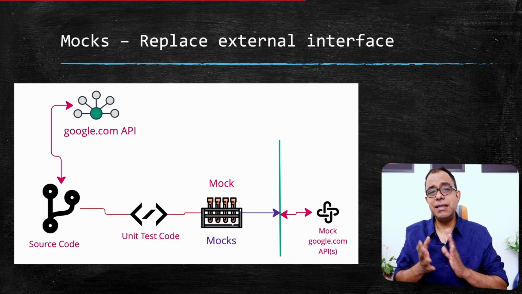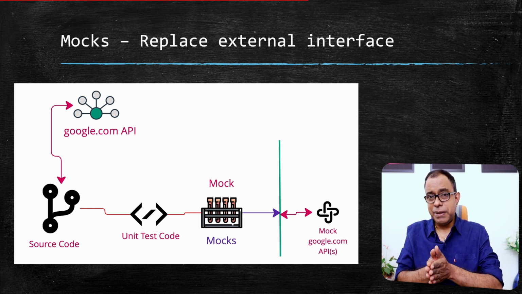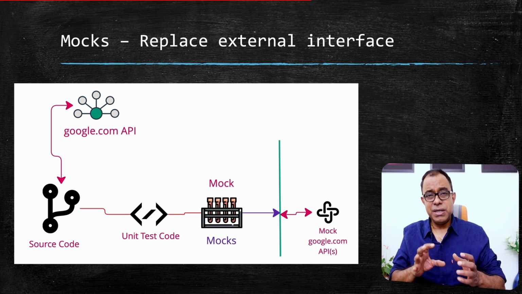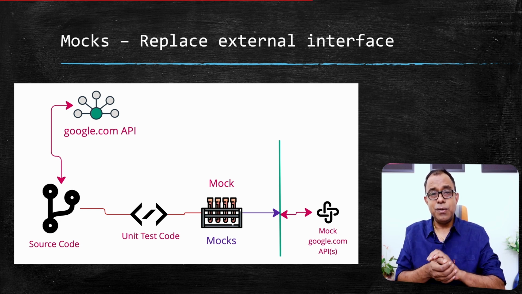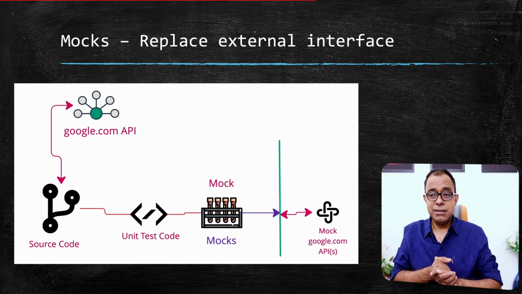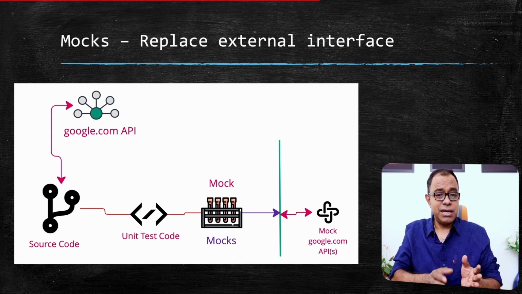Mock means we are checking the behavior that I'm able to connect to an API and get the response. There will be a dummy response, but it is not intended to give you all the permutation combination of accurate geo coordinates or nearby geo coordinates or distance between two things. No, mocks are not for that.